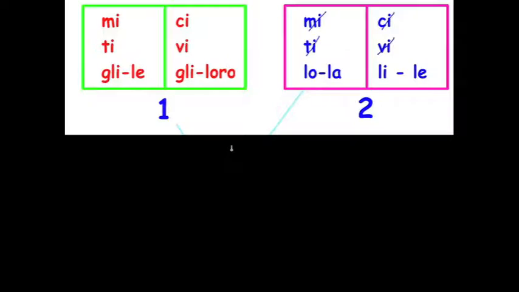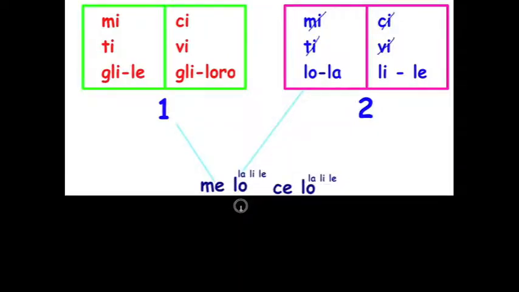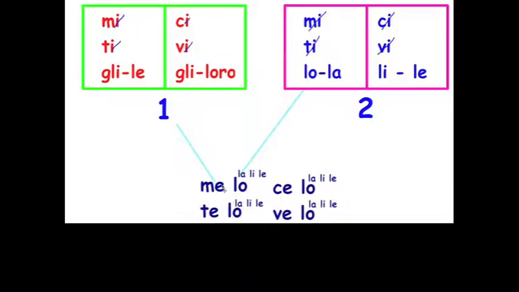So let's do it. There are special combinations. So you will see right away that your i's become e's. Me, te, ce, and ve. Okay? Plus whatever object you have. So let's pick the masculine singular as our main example. Me lo.